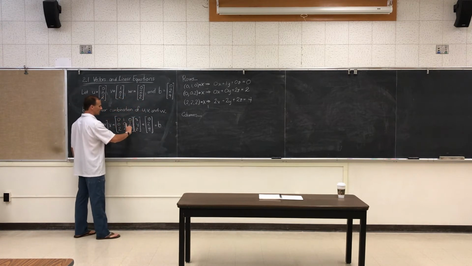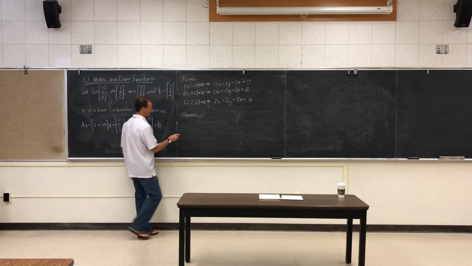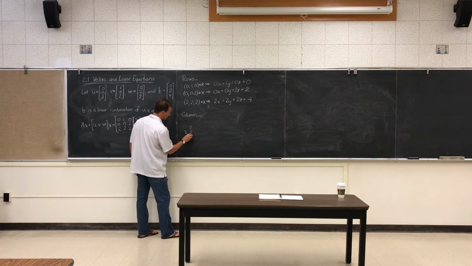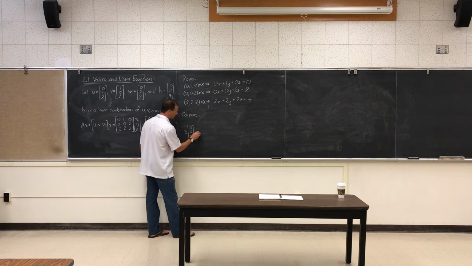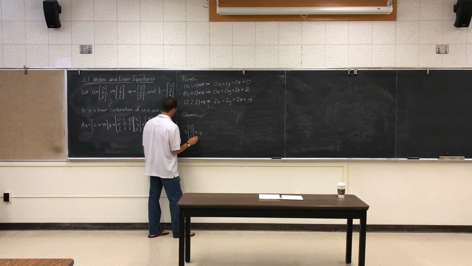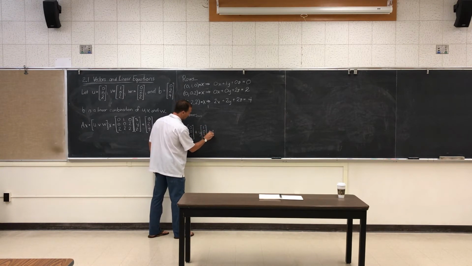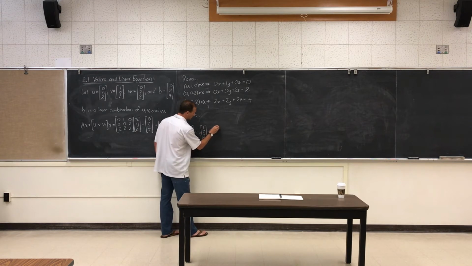Remember, this as a linear combination would be written as x times the first column, which is 0, 0, 2, plus some weight of the second column, which is 1, 0, 2, plus another scalar times our third column, which is 0, 0, 2.